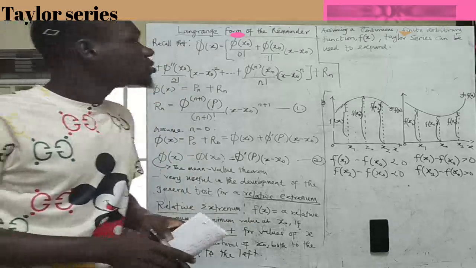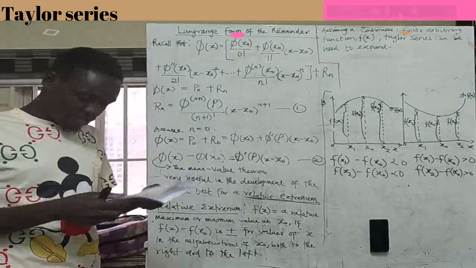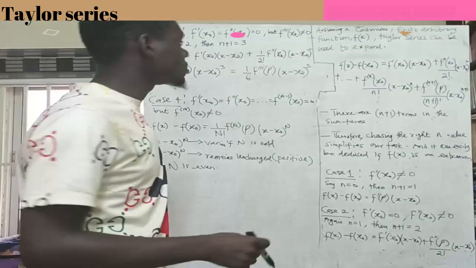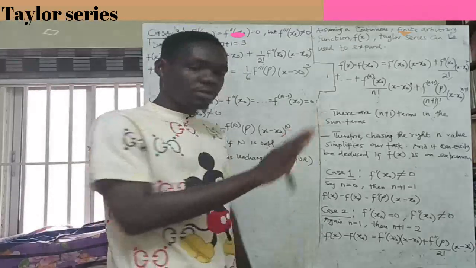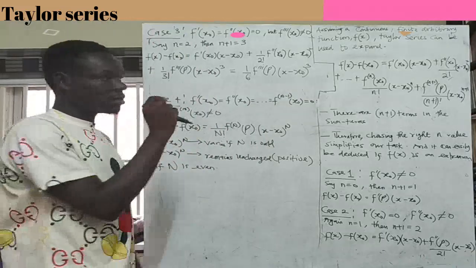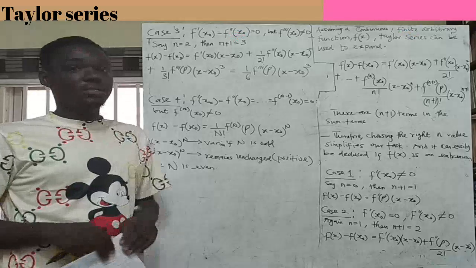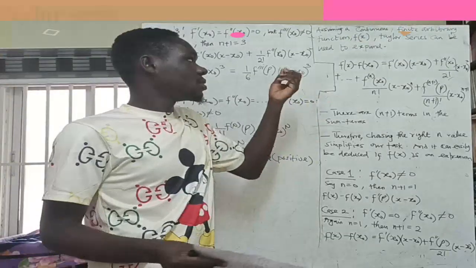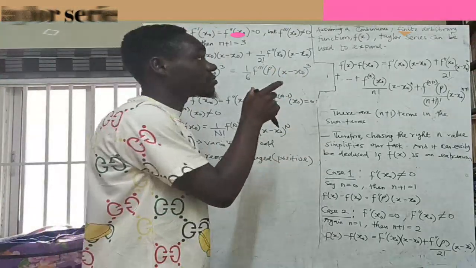All right, so going further, at this point we are going to use Taylor's formulas to develop the general test for the relative extremum. We are assuming that we are dealing with a continuous and finite arbitrary function.